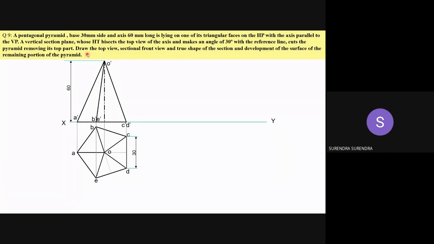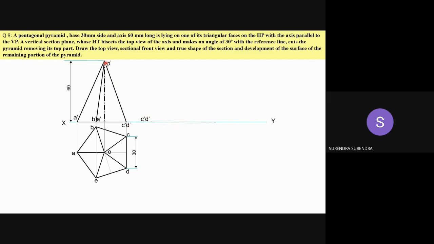Now, the next condition is that it is lying on one of its triangular faces on the HP. So redraw this front view such that one of its triangular faces must be on the XY line, that is CDO must be on the XY line. So first mark any points C dash D dash on the XY line.